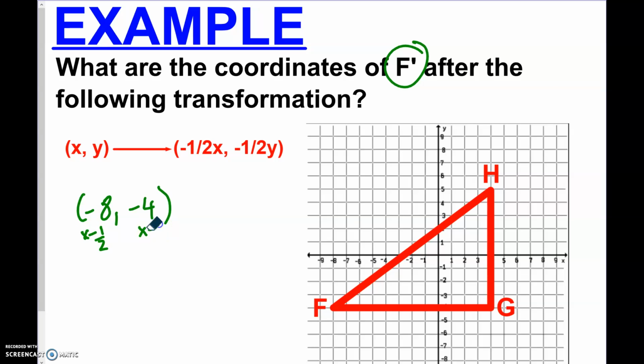Negative times a negative is a positive, so that becomes 4, and a negative times a negative is a positive, so that becomes 2. So F prime is going to be at (4, 2). This is where F prime would be.